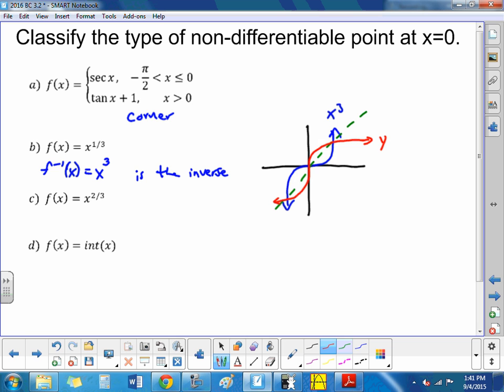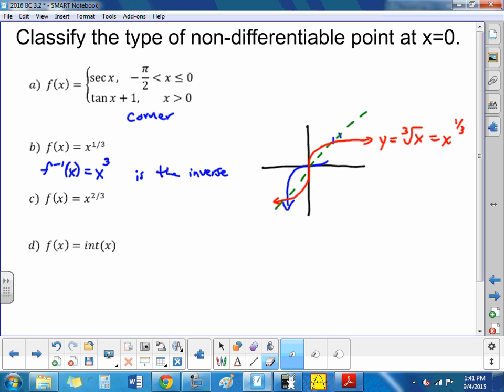This is y equals cube root of x, or you could say x to the 1/3. So you actually know twice as many graphs as you think. For every graph you know, there's an inverse graph. So you know x cubed, you know cube root of x. So you don't need a calculator for every little thing. Okay, so that's our graph.